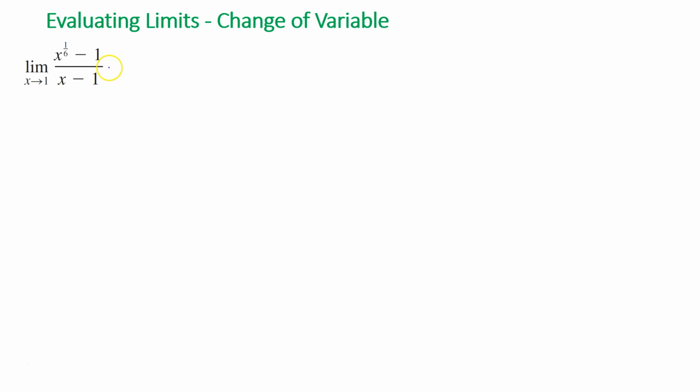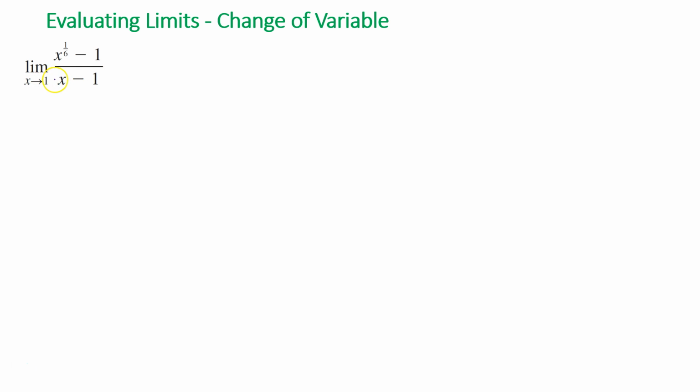So when evaluating limits, the first thing you should always try to do is use direct substitution, which means you're taking the value of 1 here and substituting it into x, and you want to see if that's going to give you a value that is defined. If you end up getting an undefined value, you know that you're not able to use direct substitution to evaluate the limit.